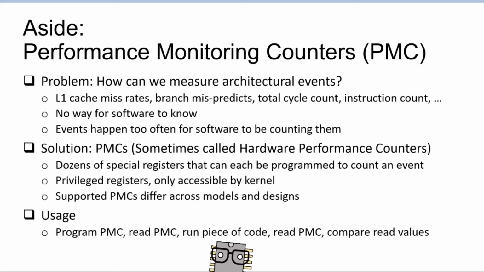Then we run the code, and after we finish, we read the PMC and compare the values to know things like how many cycles elapsed over the duration of this code execution, how many L1 cache misses and branch misses we suffered, things like that. Well, page table walks are not counted by PMCs, but there are things that are.